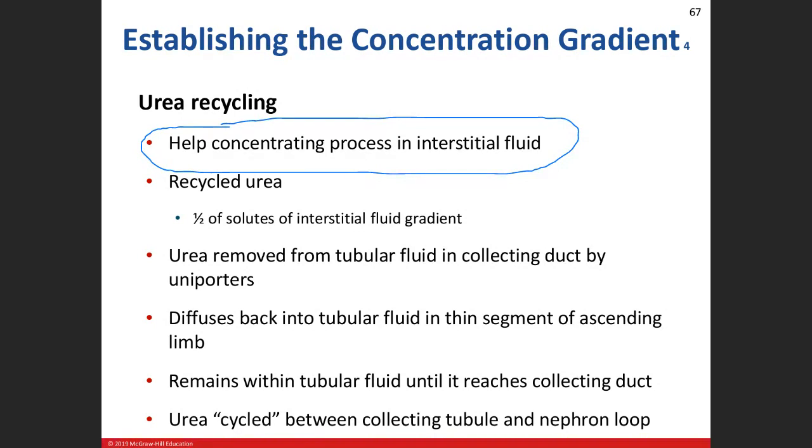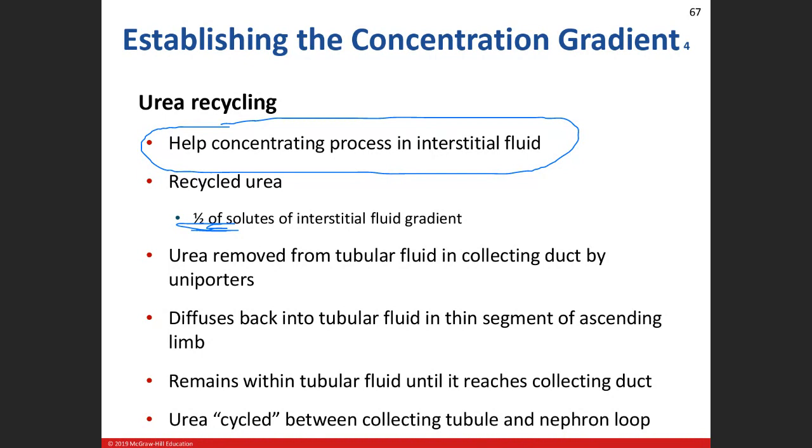Because look right here, half of the solutes are going to be in the interstitial fluid. If you recall, solutes are almost like a magnet to water. Water always wants to go to the area of a higher solute concentration, because that's where there's a lower concentration of water, so water wants to move down its concentration gradient.